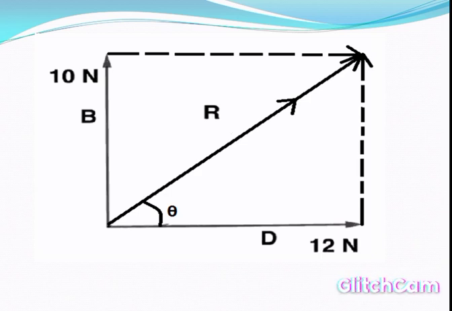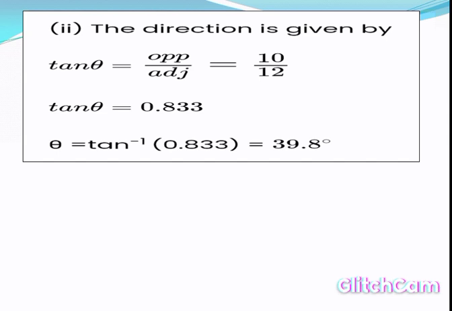Angle theta is the direction of the resultant, and we have D, which is 12 Newton. So by applying trigonometry, tan theta is opposite over adjacent. That will give us 10 over 12. So 10 divided by 12 equals 0.833. So to get theta, theta is equal to arctan 0.833, and that will give us 39.8 degrees.